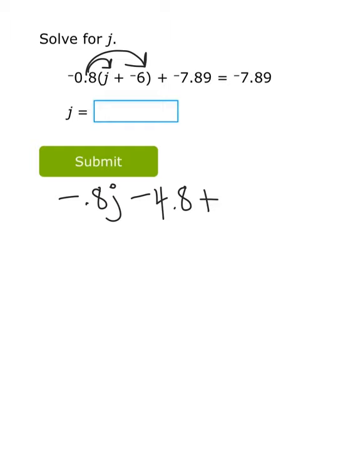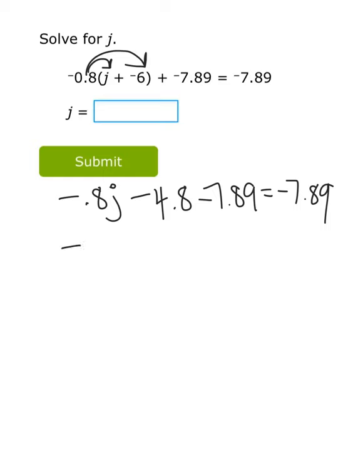And I would still have plus negative 7.89. I'm just going to change that to minus 7.89 equals negative 7.89. Alright, so let's go ahead and do some simplifying before we continue.